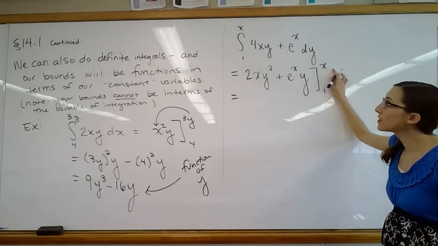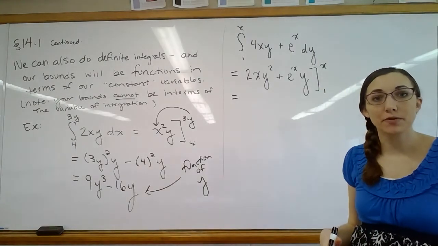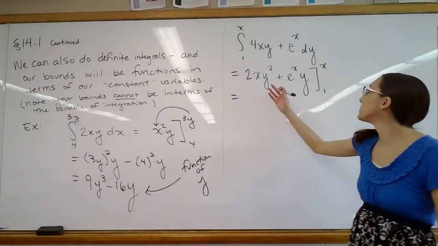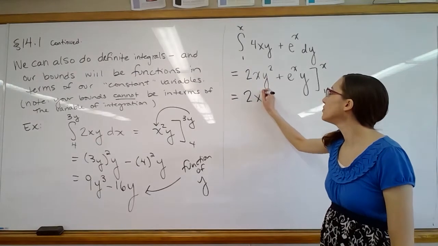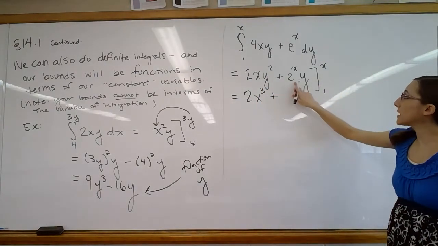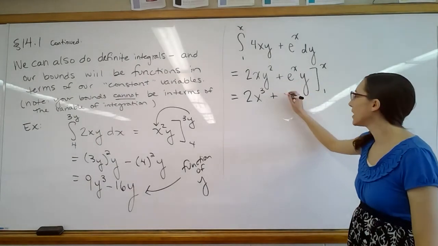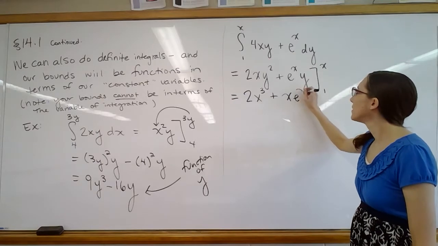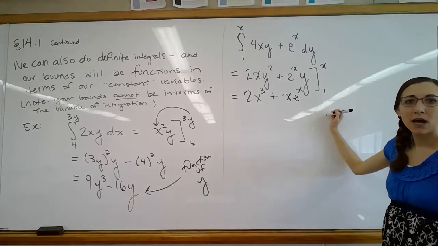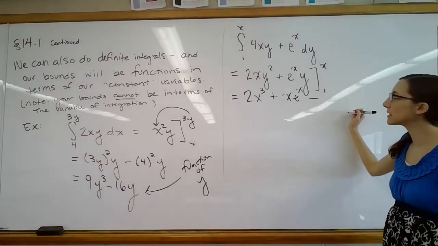Remember, plug in the top one first, and notice we're only plugging it into the y's because that's my variable of integration. So we're going to have 2x times x squared, so we'll really have 2x cubed, and then plus, we have to plug it in here as well, so we'll have e to the x times x. I'm just going to rearrange that and put the x in the front. So x times e to the x, and then we subtract off, plugging in the 1 entirely.